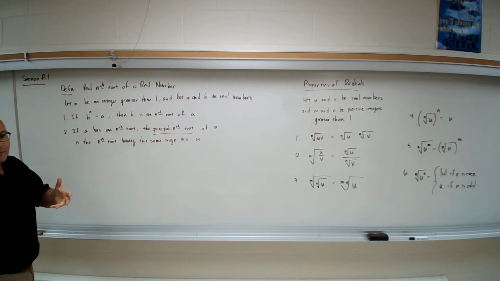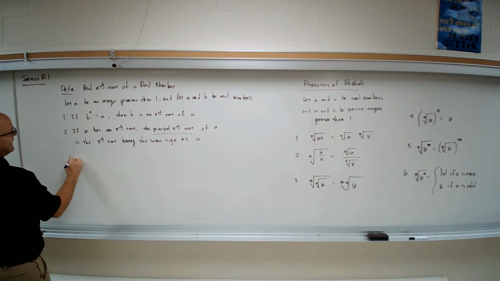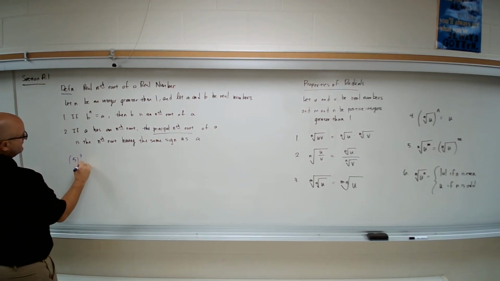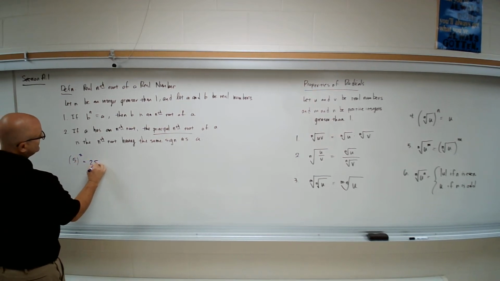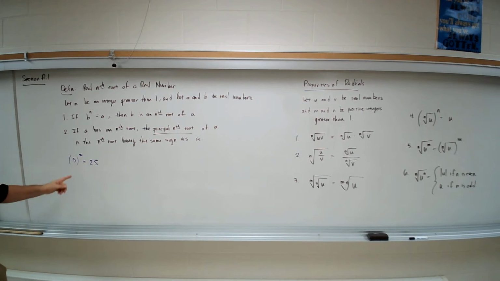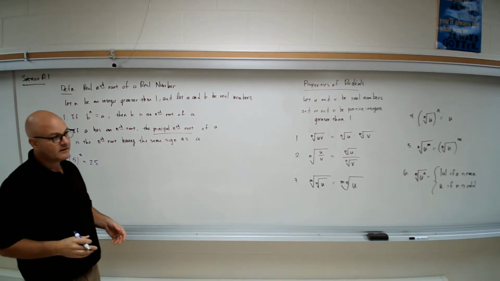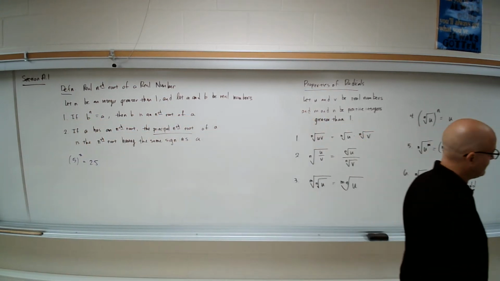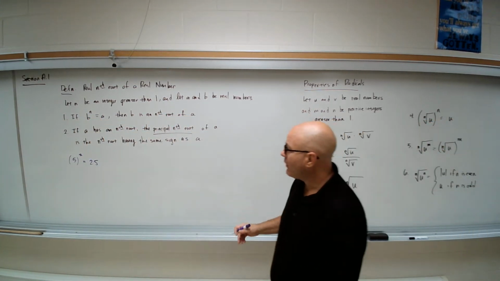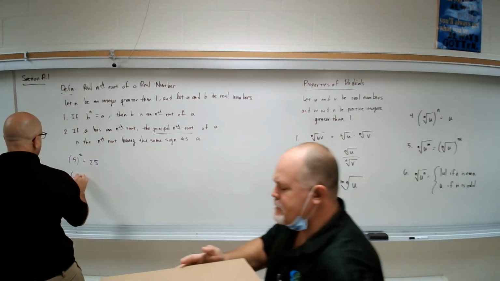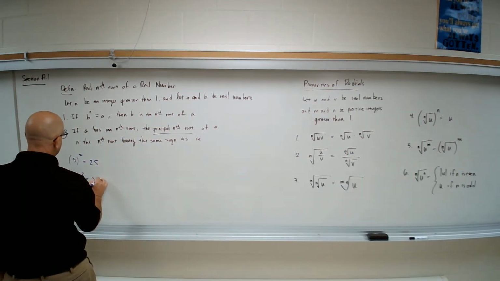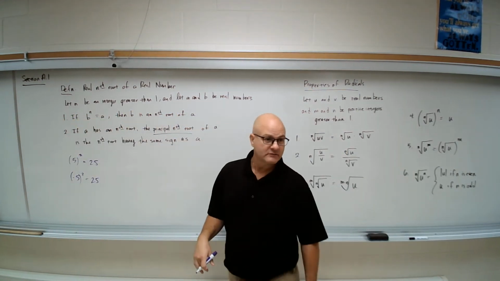let's look at a couple of numbers that we know. So if we take 5 and square it, we get 25, correct? So we'd say that 5 is a square root of 25, is what that means there. And then, but also here, we have that negative 5 squared is also 25, right?